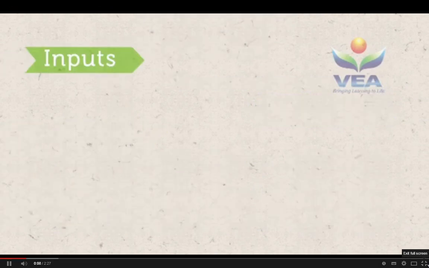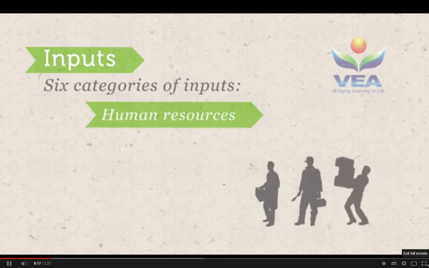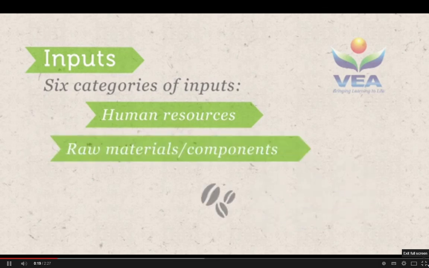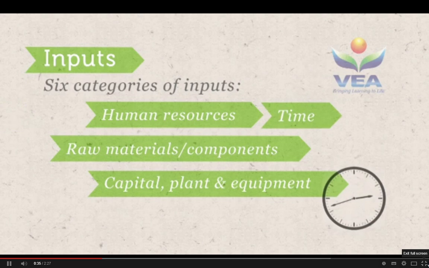There are 6 categories of inputs used by any organisation in the production of goods and services. They are human resources, the labour needed, raw materials and components, either unprocessed materials from a primary supplier or component parts made by another manufacturer, capital, plant and equipment, the machinery and tools needed, time, a critical, non-renewable resource.